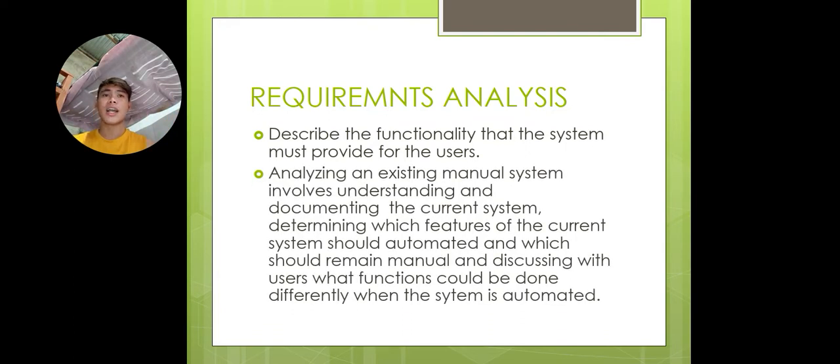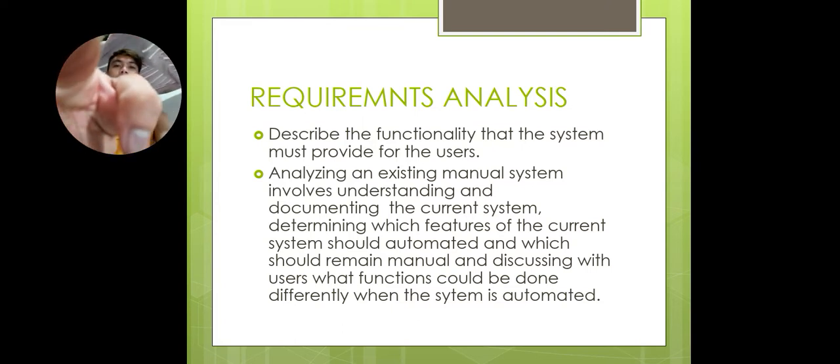Analyzing an existing manual system involves understanding and documenting the current system, determining which features of the current system should be automated and which should remain manual, and discussing with users what functions could be done differently when the system is automated.